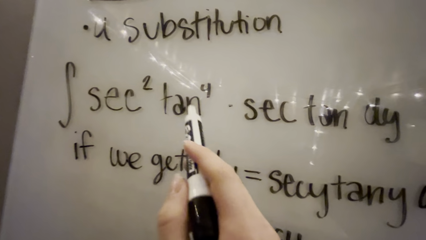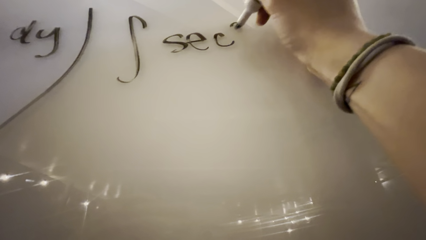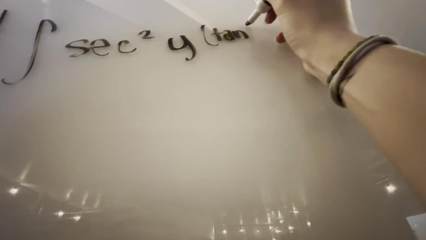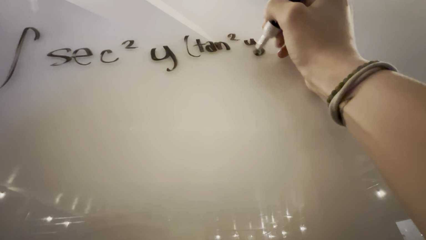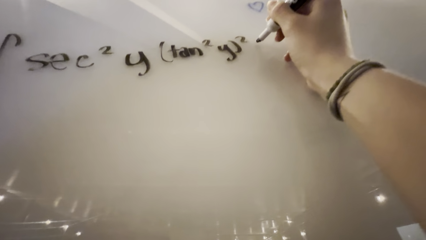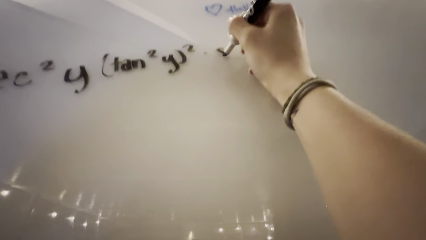Either way, we know that our secant squared tangent to the 4th can be integral of secant squared y times tangent squared y squared times secant y tangent y dy.